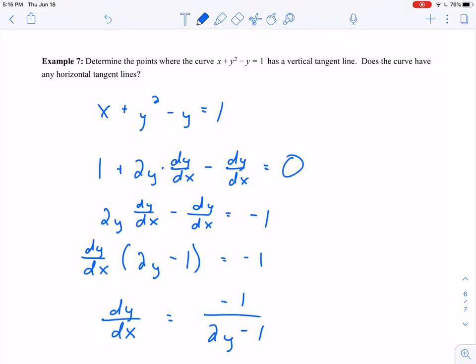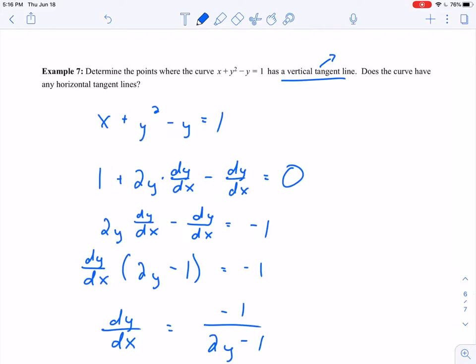So I want to determine where I have any vertical tangent lines, and where I have any horizontal tangent lines. Okay, let's talk about vertical tangent lines first. Remember we said for vertical tangent lines, that was a place where the derivative did not exist, where f prime of x does not exist, or dy dx if we want to use that notation like we are here.